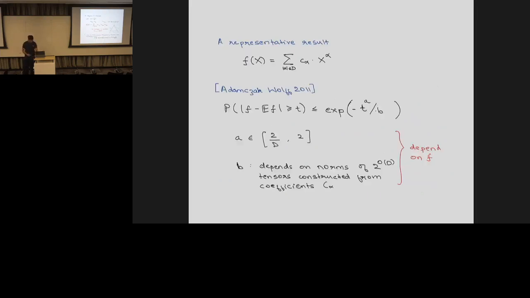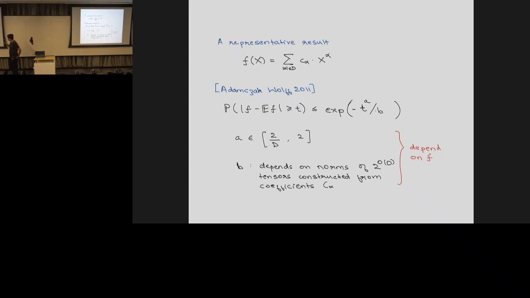Okay. And let me just give one result, which is the result of Adam, Jack, and Wolf, as a representative result. Again, I don't need the specifics of this result, but it has the following flavor: if you want to look at a polynomial and understand its deviation from the mean, it has some tails, so the probability of deviating by amount t is some exponential in t.